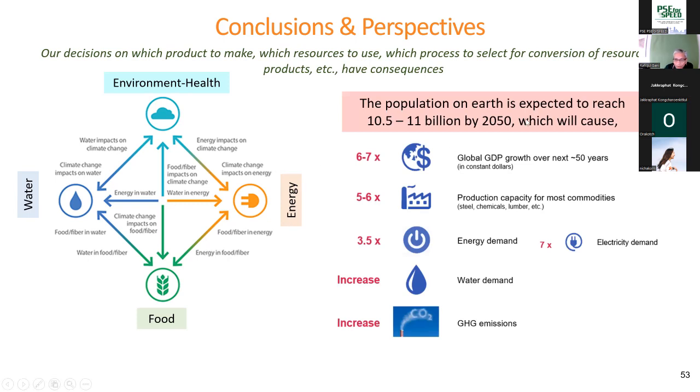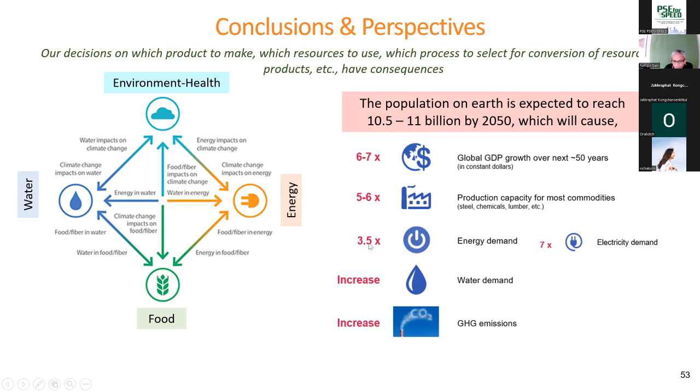But the problem can be seen also from here. By 2050, the population on Earth will be between 10.5 to 11 billion. That will need a GDP increase. And with the GDP increase, we will need more production capacity for steel, chemicals, food, and other.